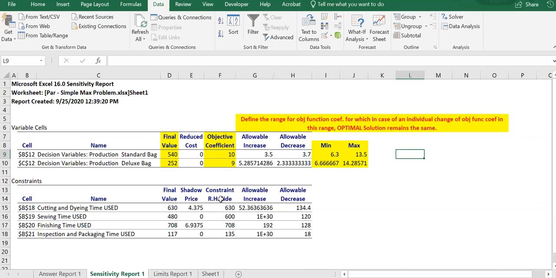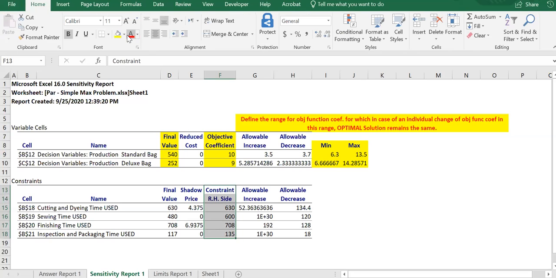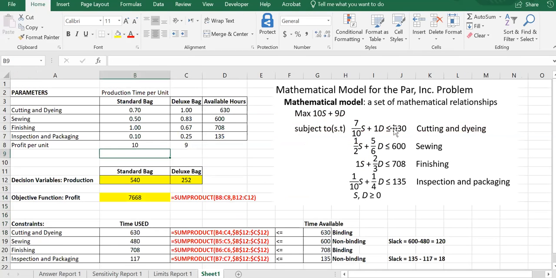For each constraint, we have a left-hand side and a right-hand side. The value of the right-hand side is given in our formulation. This is what we have decided and what we have provided to the solver: 630, 600, 708, 135.